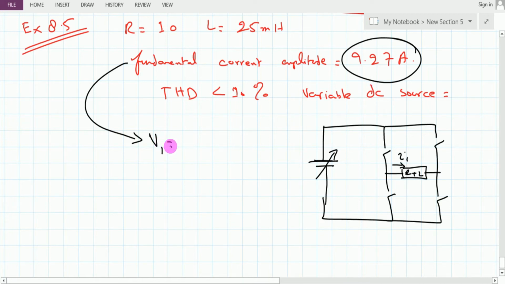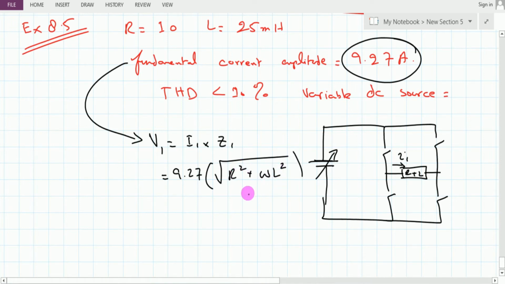So V1 is equal to I1 into Z1. What is this I1? It is 9.27, and what is this Z? Z is equal to square root of R square plus omega L square, right? So let us say that the output frequency F is equal to 60 Hertz for the fundamental component.